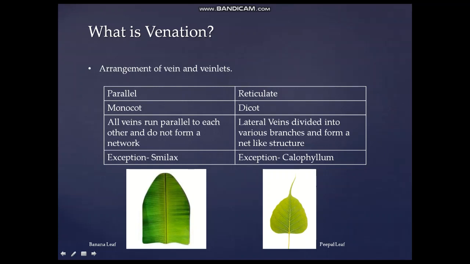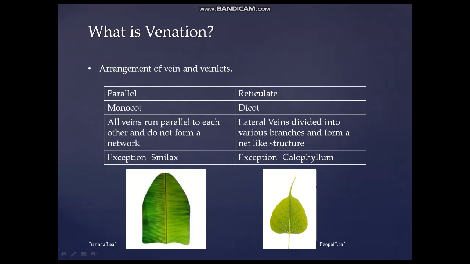Venation is of two types, parallel and reticulate. Parallel venation is usually found in monocot plants, and reticulate, the word indicates reti means network. So reticulate venation is commonly found in dicot.